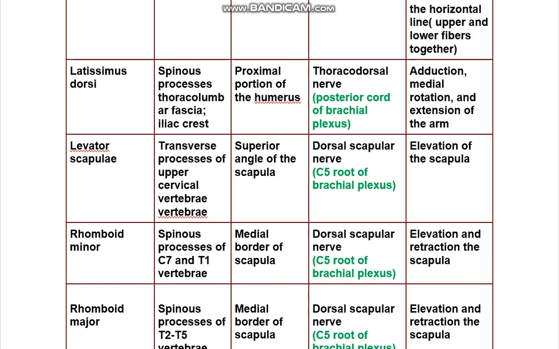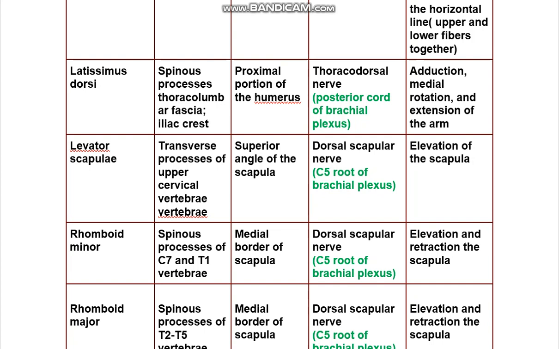Functionally, the lats are going to do adduction, they're involved in medial rotation, and the lats will also extend the arm.